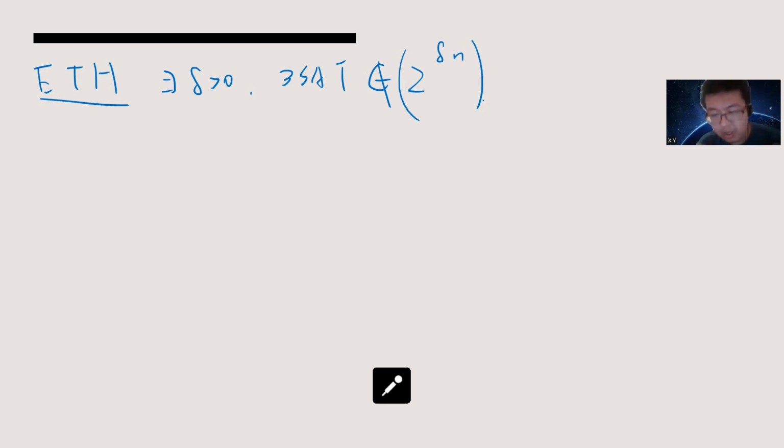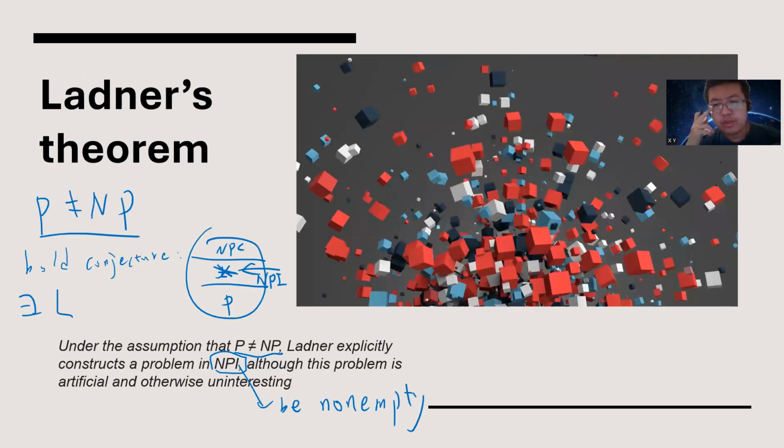So you cannot solve SAT in any 2 to the n delta, any sublinear exponent time; it's only exponential.